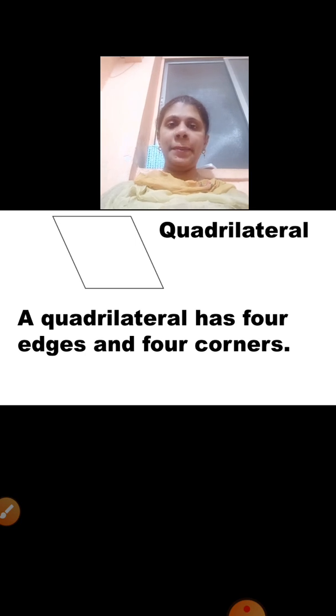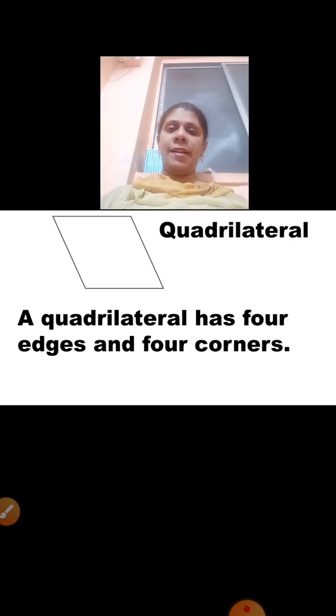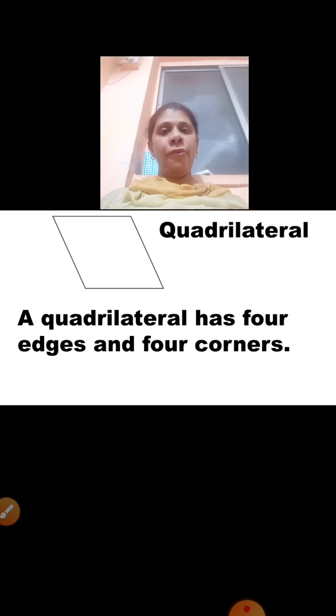What is the answer? Quadrilateral. Correct. A quadrilateral has dash edges and dash corners. 4. Correct. 4 edges and 4 corners. A quadrilateral has 4 edges and 4 corners.